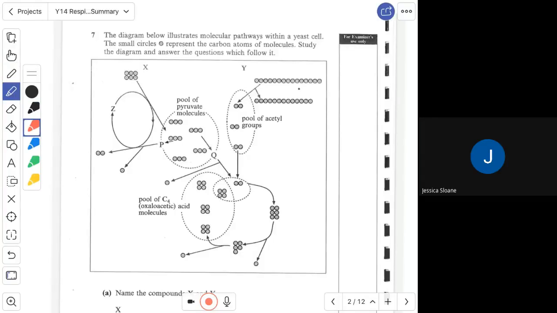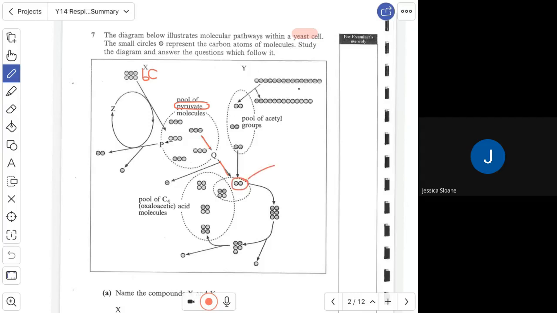Okay, so a couple of wee things here. Yeast, that's important. Small circles represent the carbon atoms. So what I would do is go, right, we've got a 6-carbon molecule there. That's pyruvate. So hence those are 3 molecules, 3 carbon molecules. And if we look, that goes through path Q to make a 2-carbon molecule.